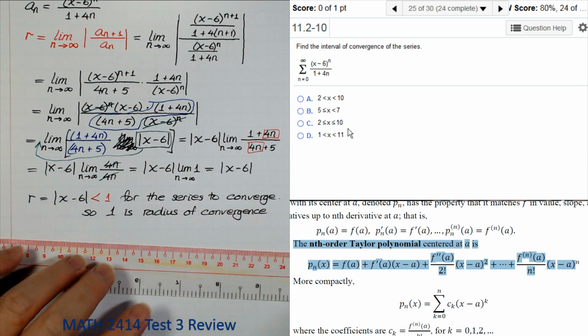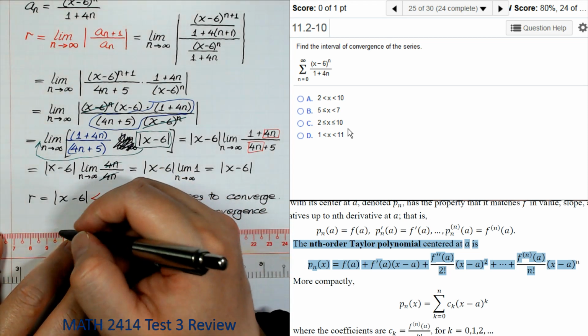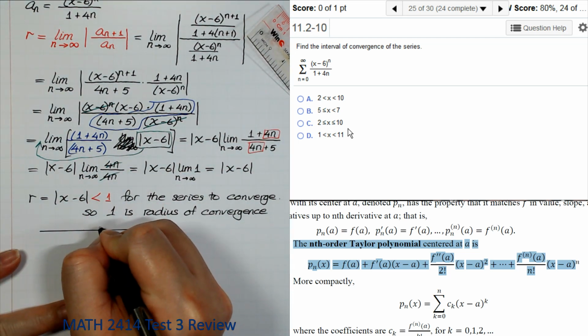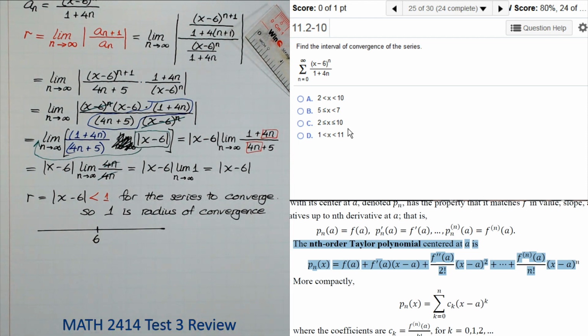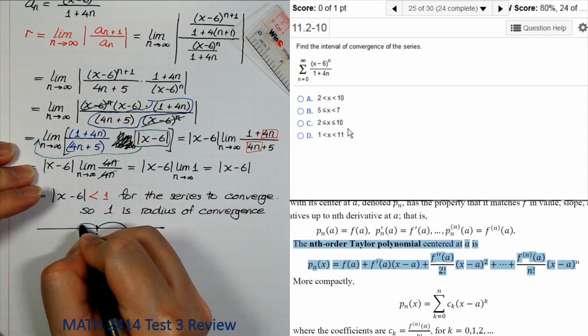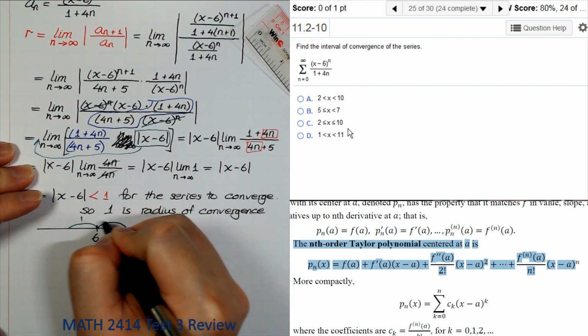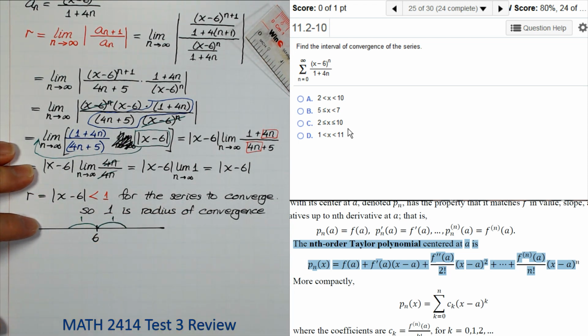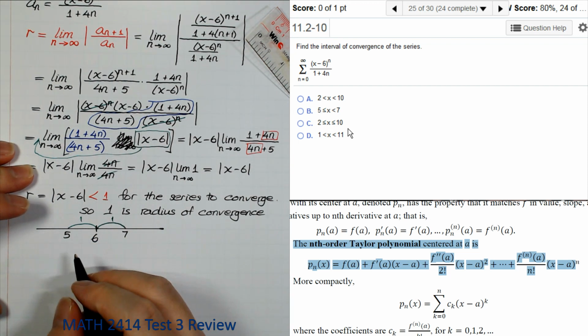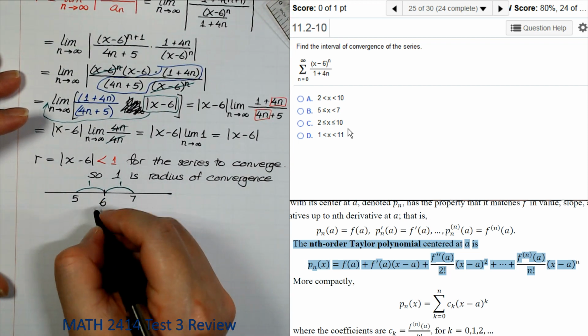And now we have the center at 6. The radius is 1 on the left and 1 on the right. 6 plus 1 is 7, 6 minus 1 is 5. So we know it's going to be between 5 and 7.